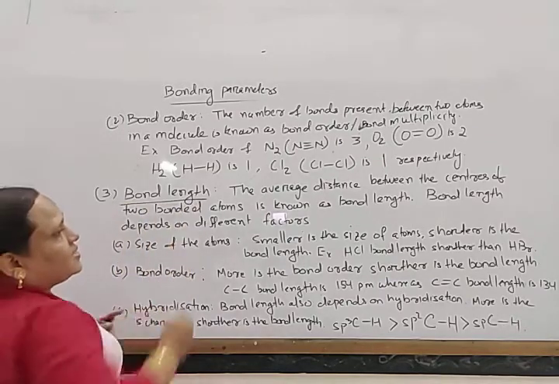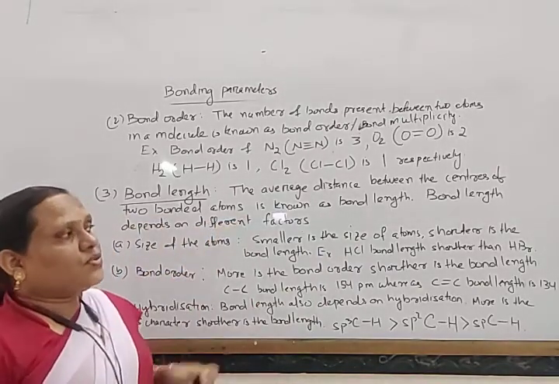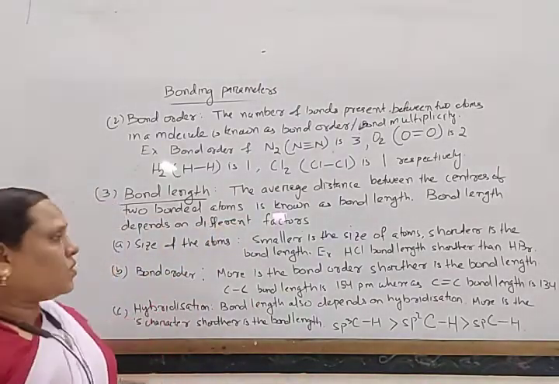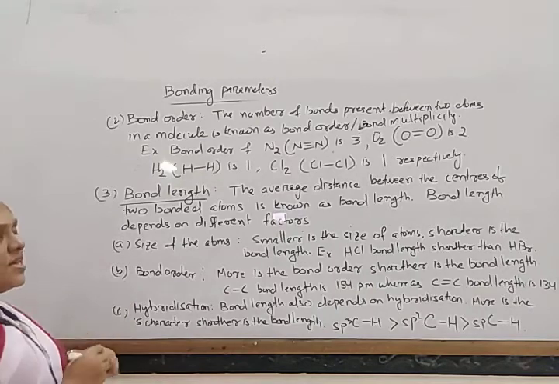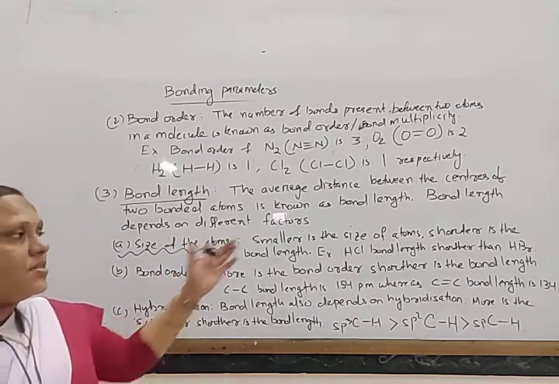Next come to bond length. The average distance between the centers of two bonded atoms is known as bond length. Bond length also depends on different factors. Size of the atom: the smaller the size of the atom, the shorter is the bond length.